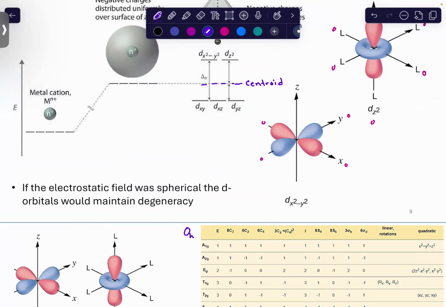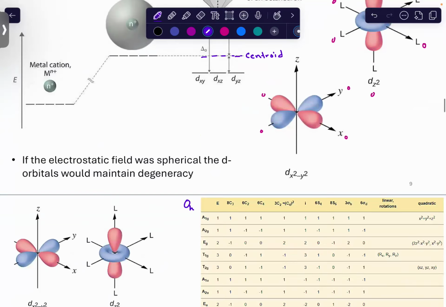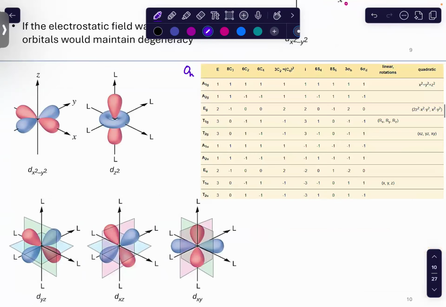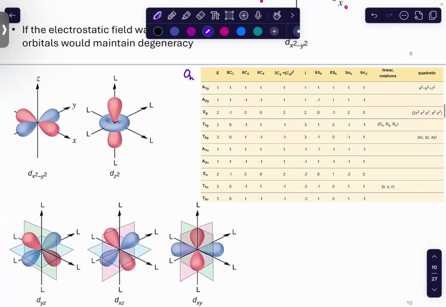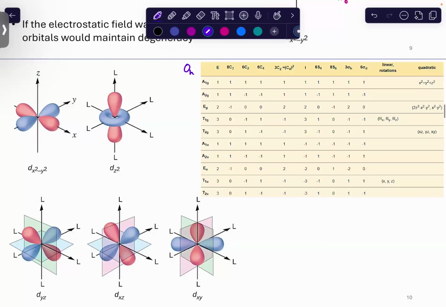You notice how the three on the bottom are degenerate, the two on the top are degenerate. So that tells you that as far as the symmetry of these orbitals, first off, the one up here has to be E. Down here has to be T. So the E is the doubly degenerate, the T is the triply degenerate.